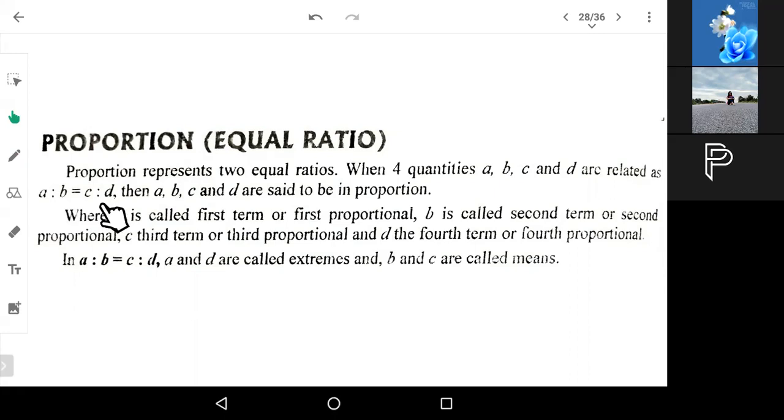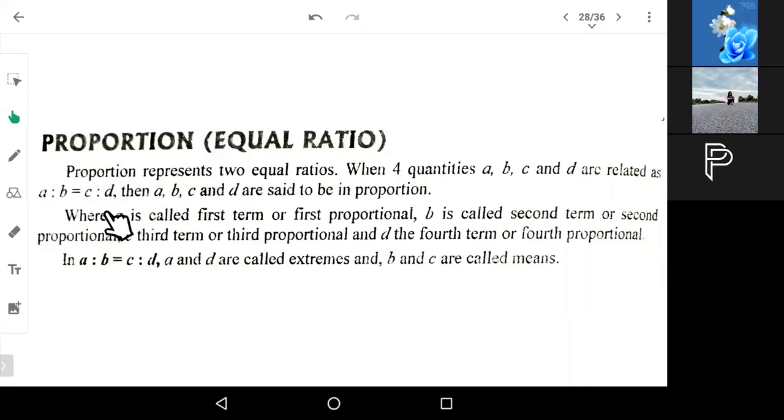Then in such scenario we can say that A, B, C, and D are in proportion. Whenever the two ratios are equal, they are said to be in proportion.